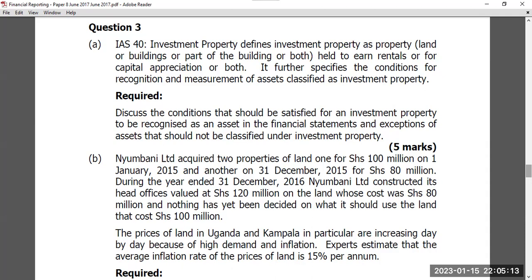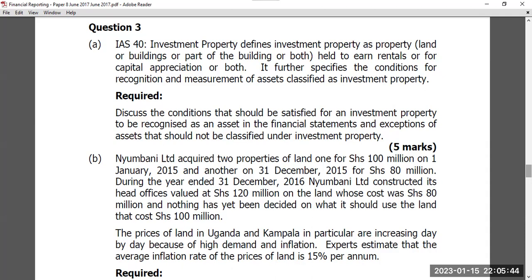The recognition criteria, as we said, is that it's probable that future economic benefits associated with the asset will flow to the entity. What this means, if I may give a clear description of this, is that when you're buying an asset, we are buying assets that we are going to be using as a business to generate revenue.